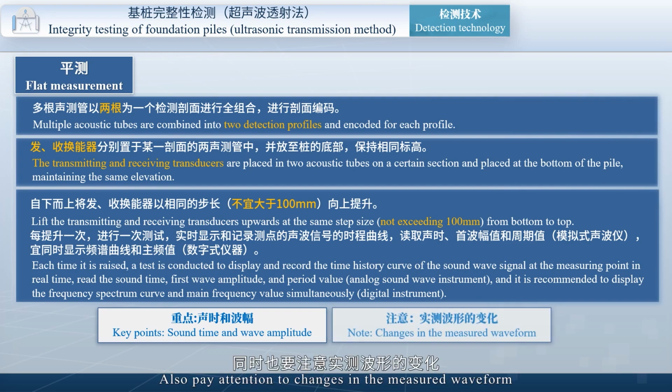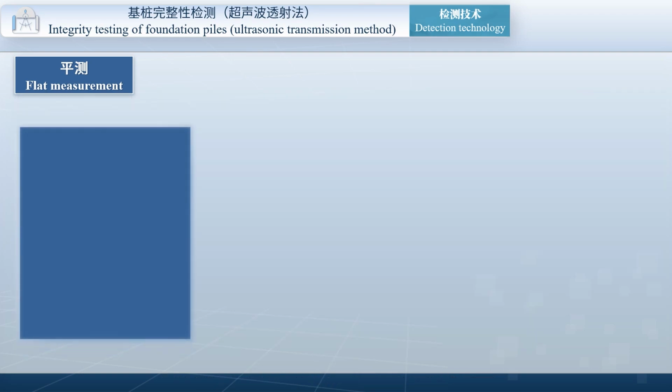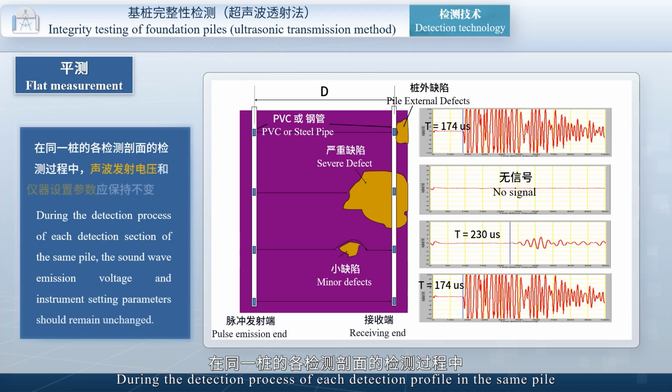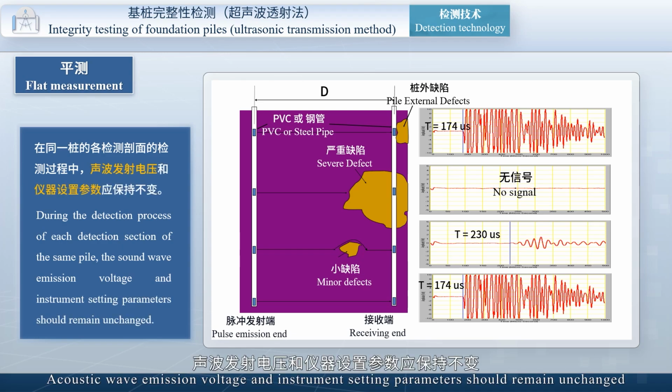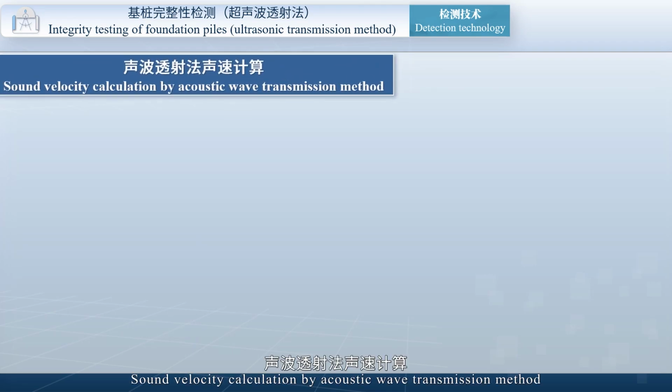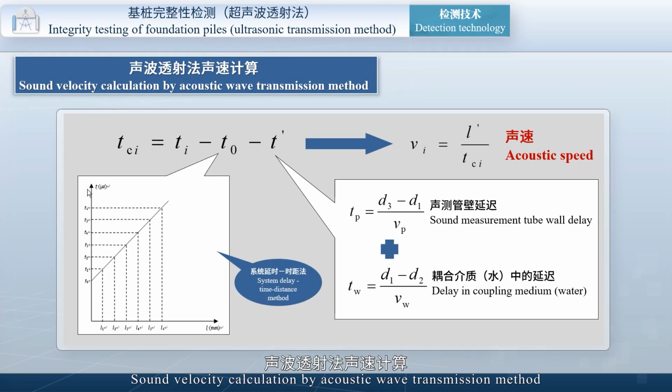Also pay attention to changes in the measured waveform. Step 4. During the detection process of each detection profile in the same pile, acoustic wave emission voltage and instrument setting parameters should remain unchanged. Sound velocity calculation by acoustic wave transmission method.